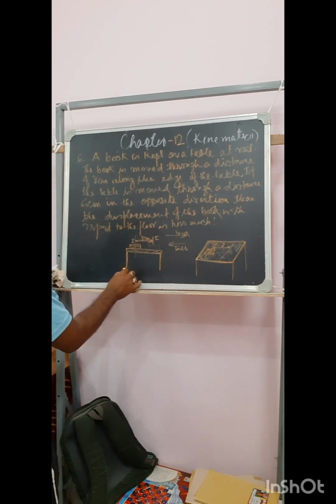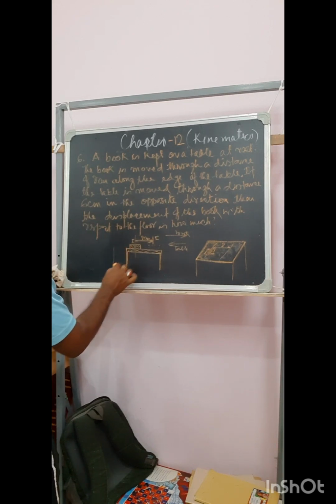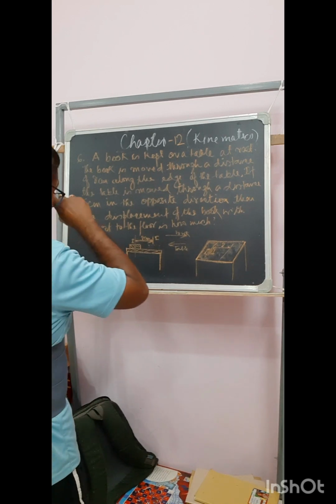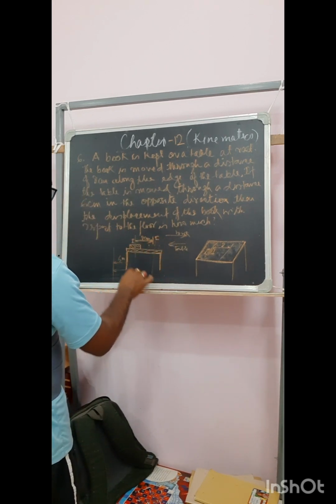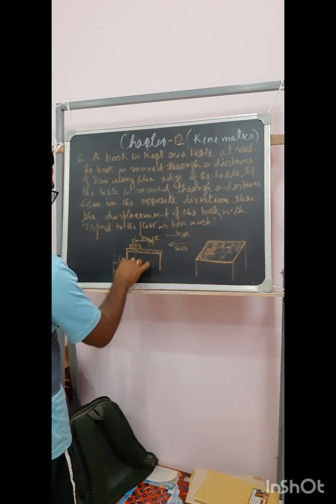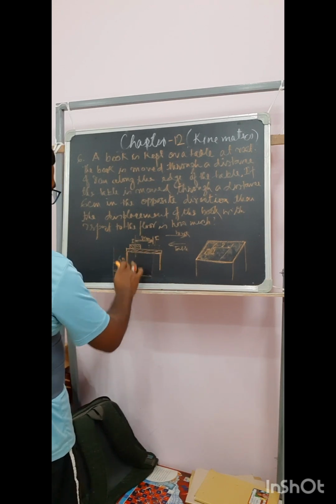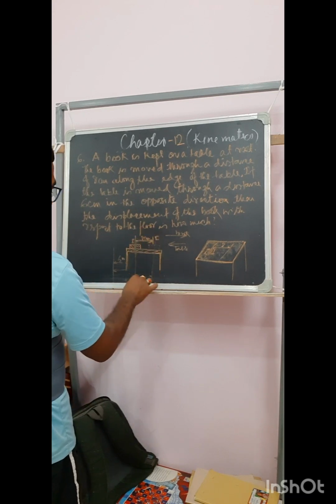Now the table is moved by 6 centimeter, so its final position from here is 6 centimeter along this direction. The book is first moved, so it has reached somewhere here. With reference to this leg as the reference, I assume that the center line of the book is the reference.